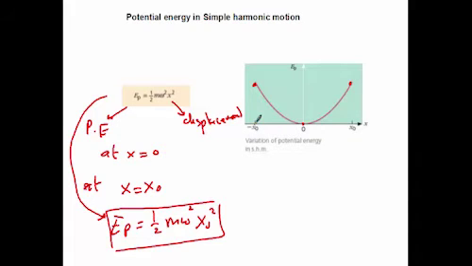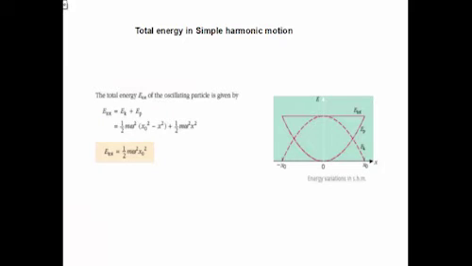So going to the expression for the total energy, the total energy is equal to the kinetic energy plus potential energy. At any point, energy is conserved.